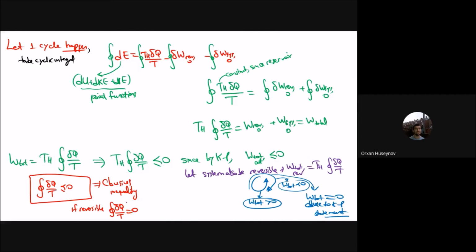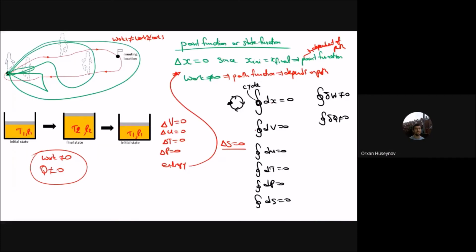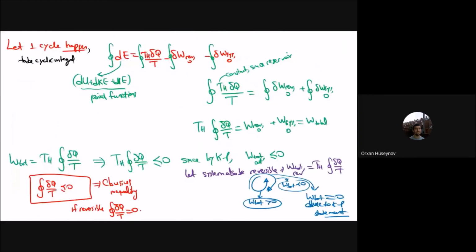And let's go back. So cyclic integral of some variables are 0. These are called the point functions. And for this one, del Q by T, I can write this one as some quantity. D means differential of some quantity here, some variable property. Okay, that is equal to 0.